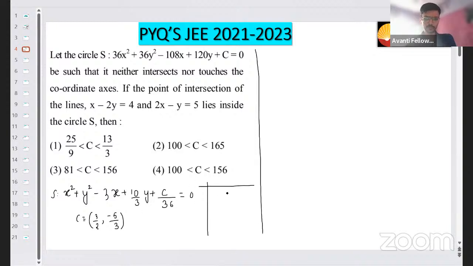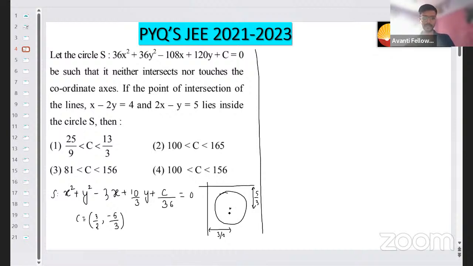This center is in the fourth quadrant. So I guess our circle will be like this. So this distance will be 3 by 2 and this distance will be 5 by 3. So accordingly, we'll get our center 3 by 2, comma minus 5 by 3.